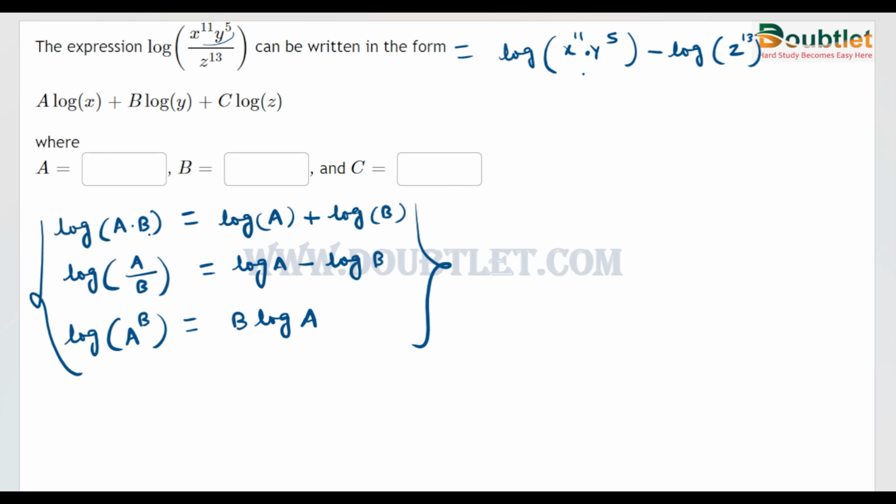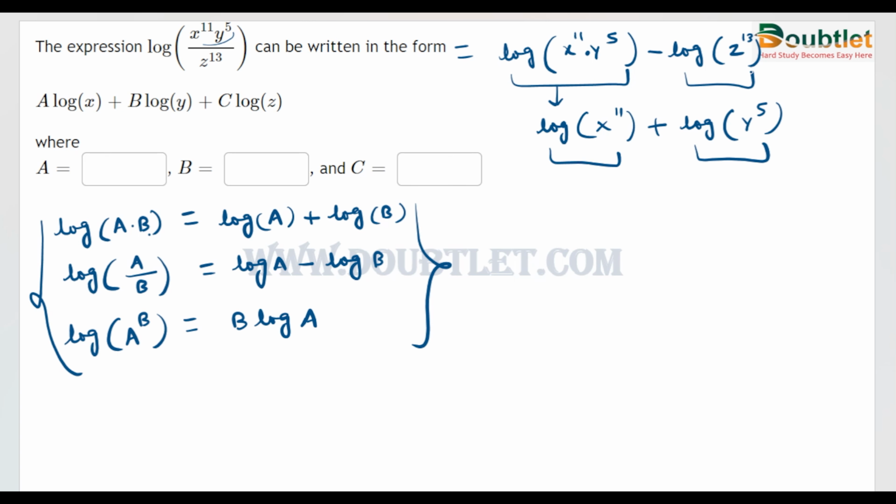Now for this expression we can use log a into b, so we can split it as log of x to the power 11 plus log of y to the power 5.